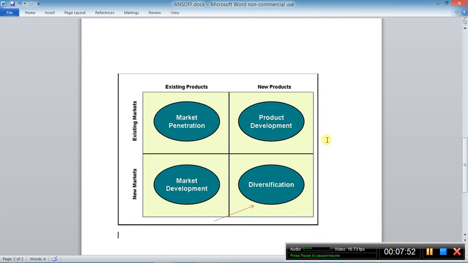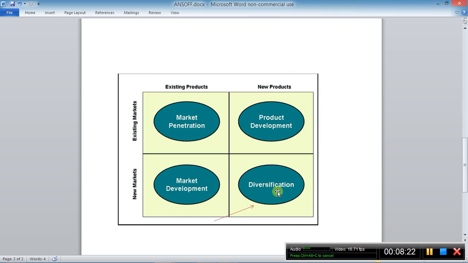There could be instances where a company follows more than one strategy at any single point in time. For instance, an existing product to an existing market, an existing product being exported overseas, and at the same time, it could be developing a brand new product for not just its existing customers, but for new customers as well.